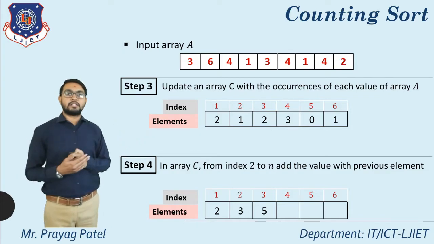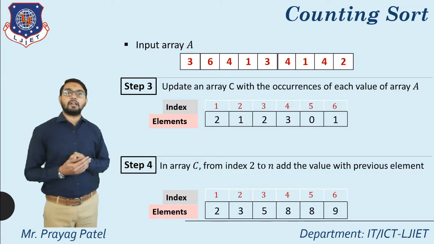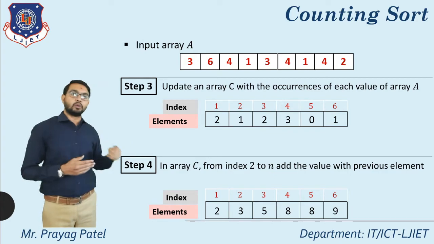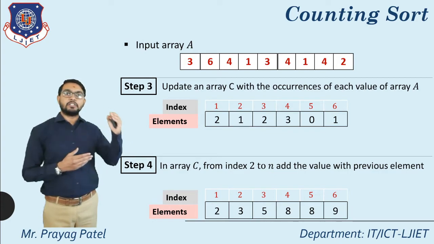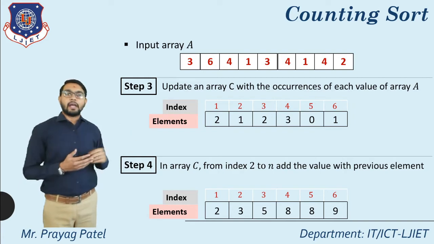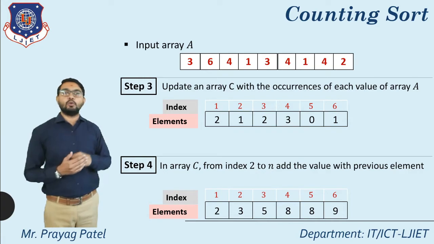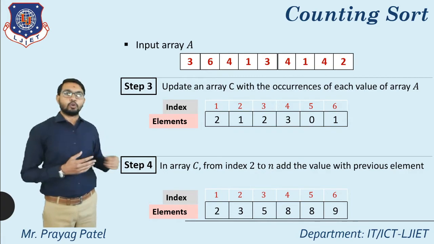The previous updated value, C of 3, is 5, plus 3 equals 8. Then 8 plus 0 equals 8. Then 8 plus 1 equals 9. According to this, you update array C by adding the previous value and the current value. So this is your updated array C.